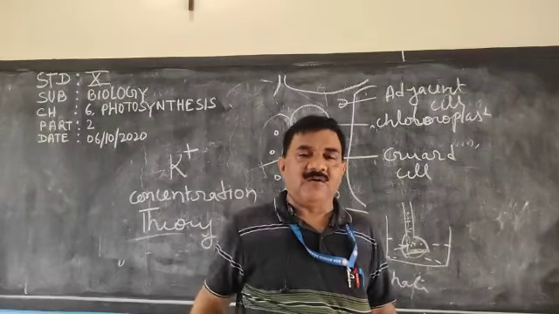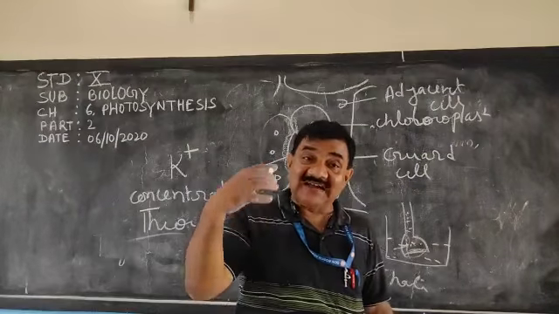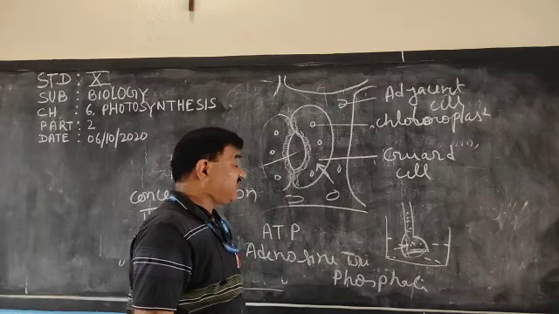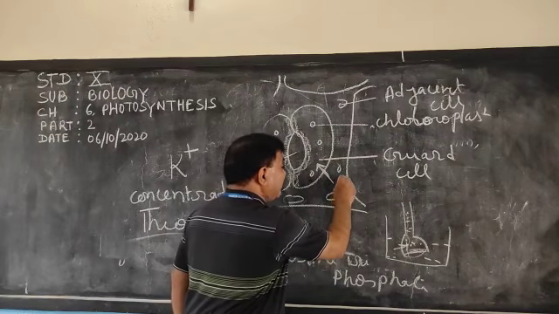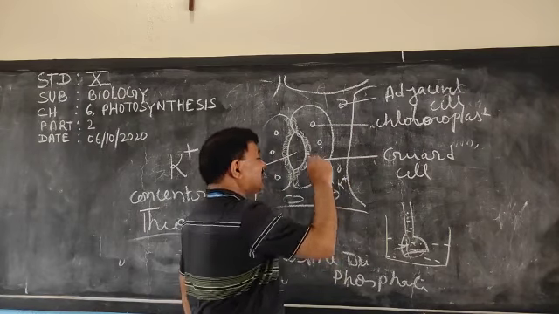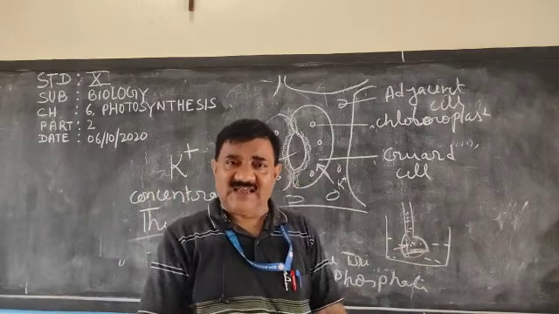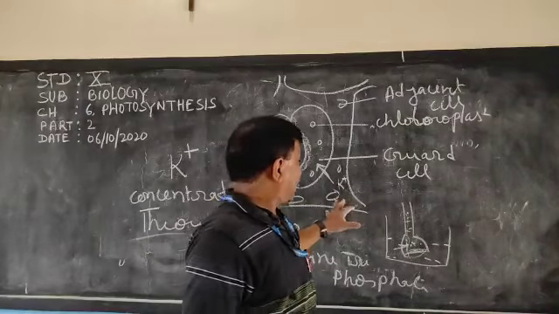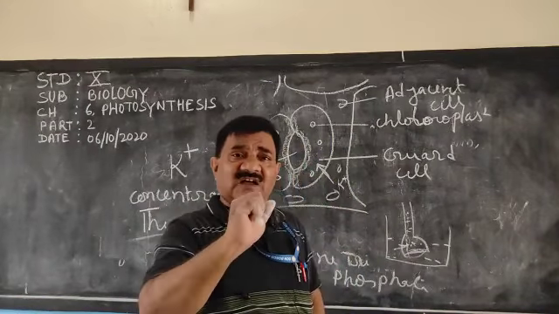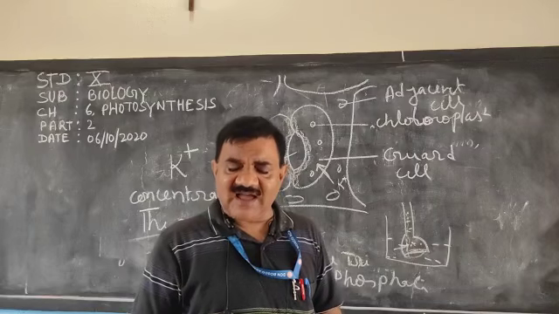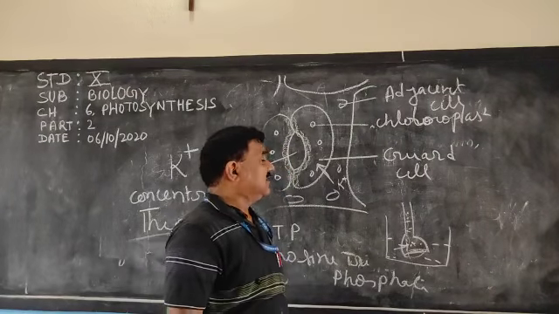This energy is formed in photosynthesis, and this energy is utilized to pull the potassium ion from the adjacent cell into the guard cell. Means forcefully, this energy will be utilized to push the potassium ion from the adjacent cell to the guard cell.